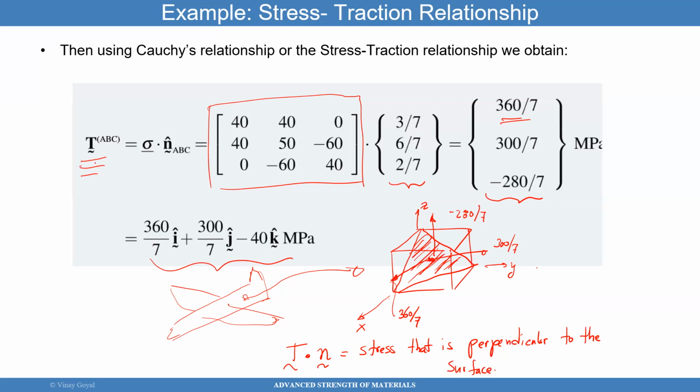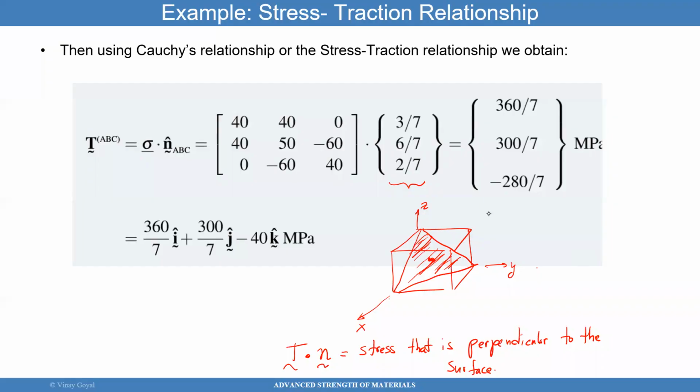So if I dot the traction acting on that slanted surface with n, that gives me the stress perpendicular to the surface, which could be a useful quantity. So I'll try to draw on that slanted surface what you're asking me to do. I'll draw it in blue.